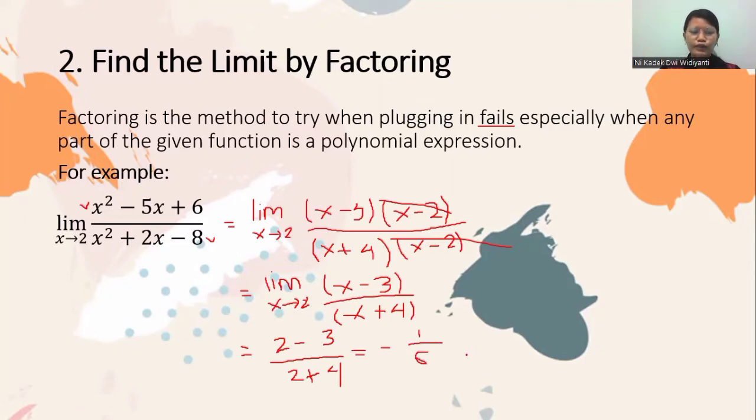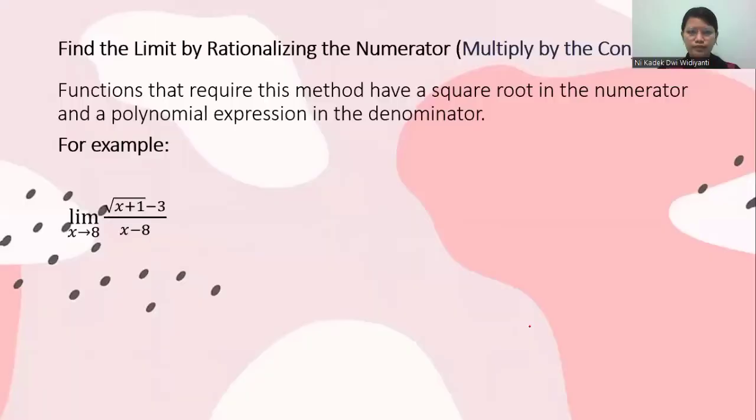So the value of the limit of x squared minus 5x plus 6 divided by x squared plus 2x minus 8 as x approaches 2 is negative 1 divided by 6. Okay, next, the third method.